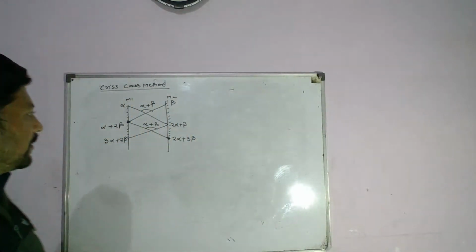But here one condition is applied, meaning the angle is not greater than or equal to 180 degrees. Meaning the angle should not be greater than 180. The condition is that the angle is less than 180 degrees and you apply the crisscross method.